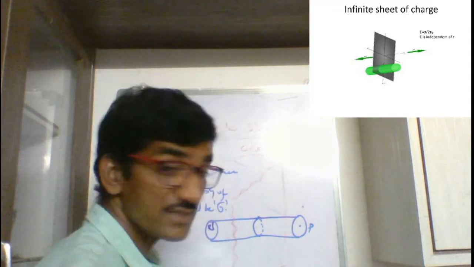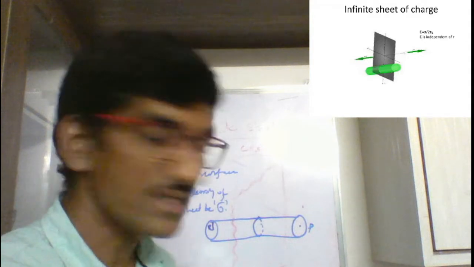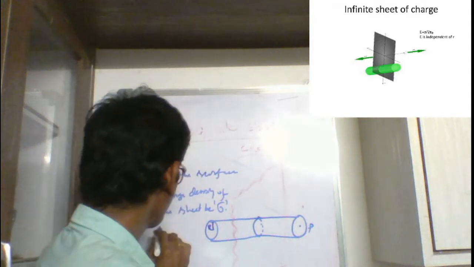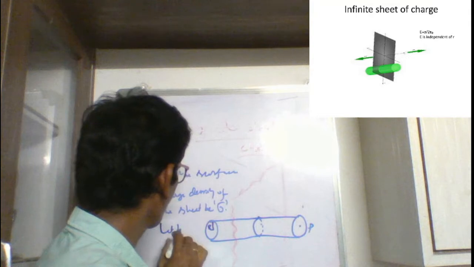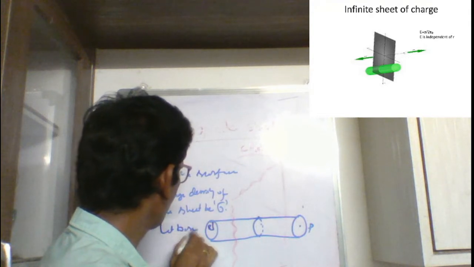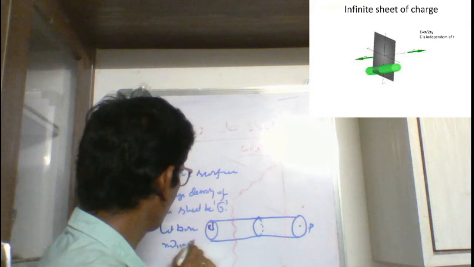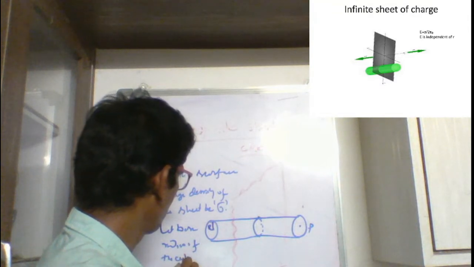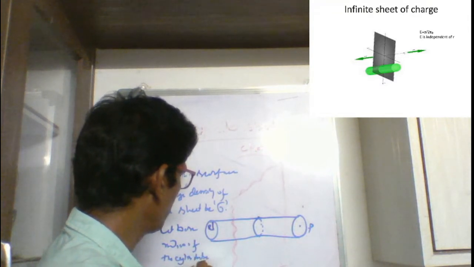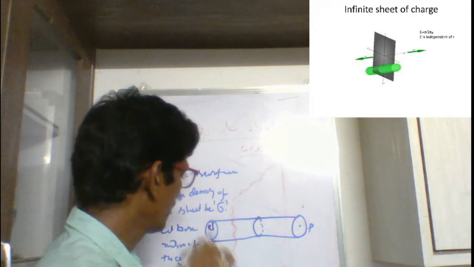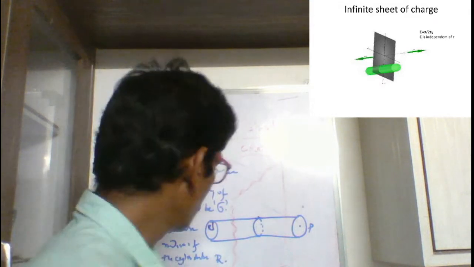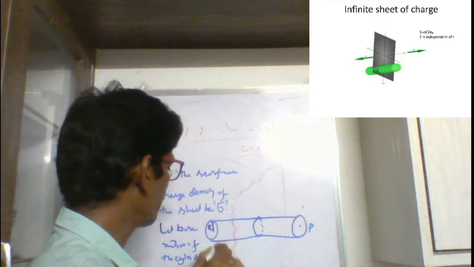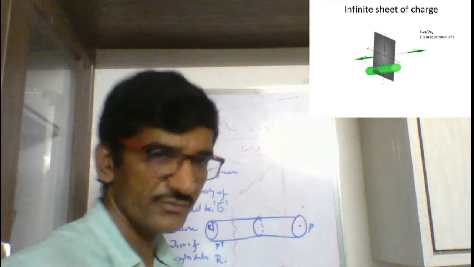Let the base radius of the cylinder be R. You may call this point P, whatever you like.